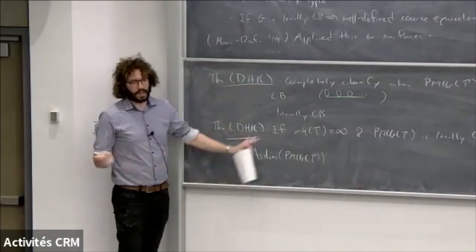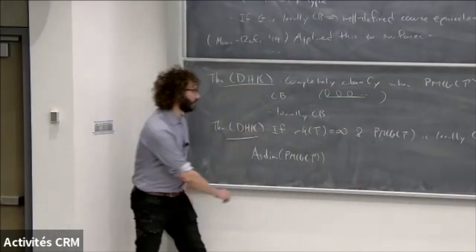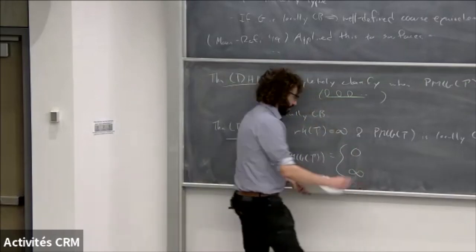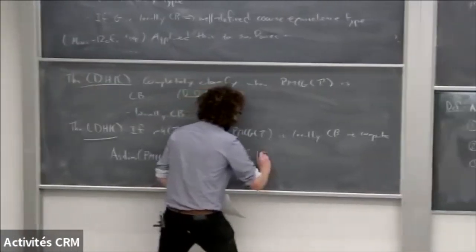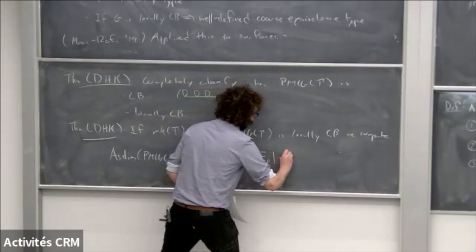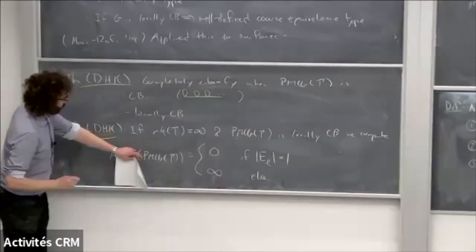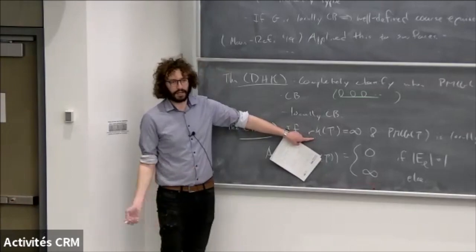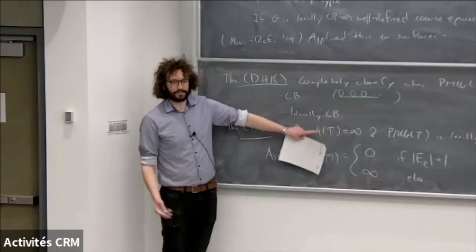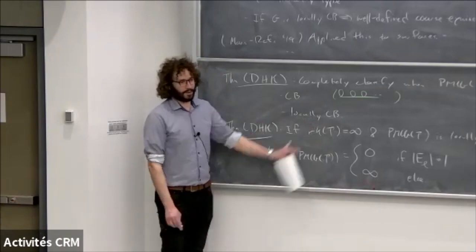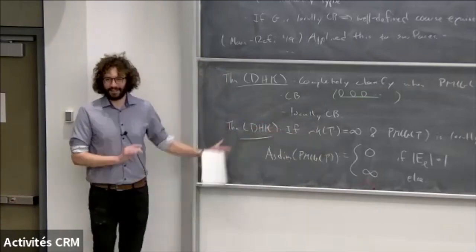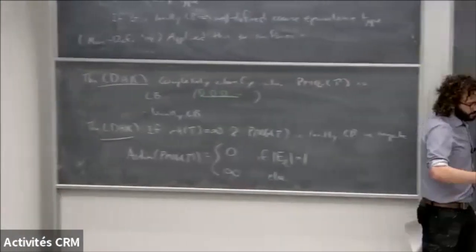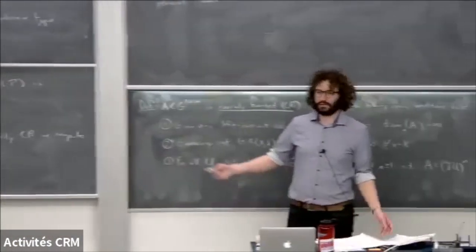So having that is good enough to start computing this, and we see that it's either 0 or infinite, and it's 0 exactly if there's only one end accumulated by loops. Okay, and what are these conditions? Well, the rank infinite condition is because we don't know asymptotic dimension for finite n. If we could prove it for finite, I'd be talking about that because it'd be a much bigger result. And then locally CB is just to say where it even makes sense to use the word asymptotic dimension.